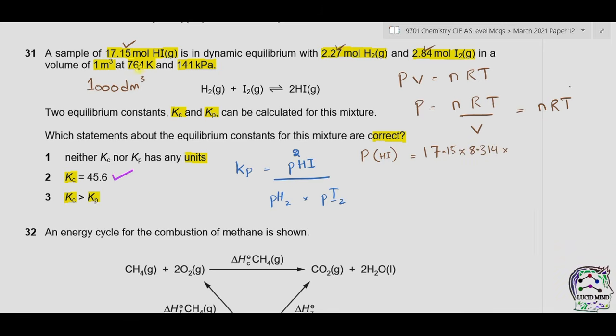Temperature is given, it is 764. It comes equal to 10882.60 Pascal. Similarly, we can find the pressure for hydrogen. The rest of the values are the same, only the number of moles is changed, which is 2.27.